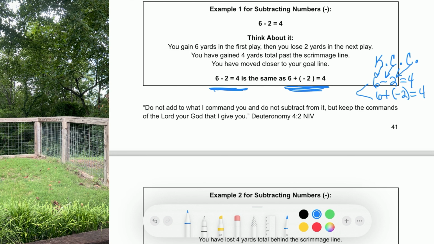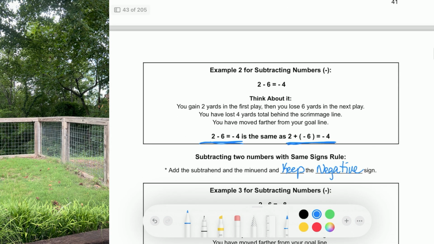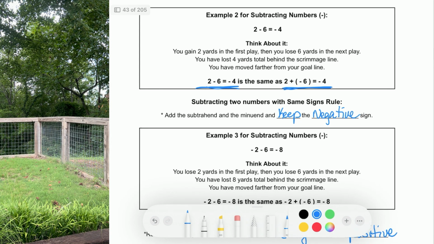Let's do the next one. Let's look at 2 minus 6. I'm going to keep, change, change. So keep the 2, change the subtraction to plus, negative 6. That is negative 4. So now you can see they are in fact the same problem.